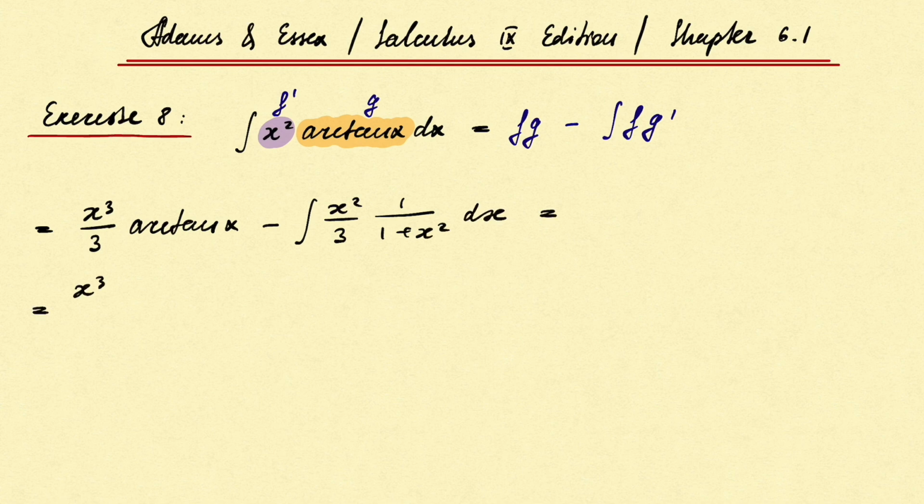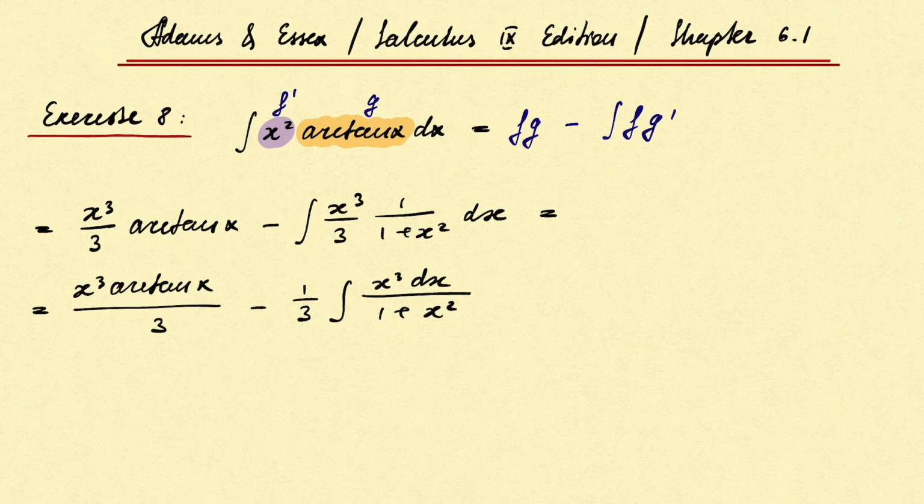Okay, we have x cubed arctangent of x over 3 minus 1/3 integral of x squared dx over, here we should write cube, right? Because we just repeated this here. Okay, so we have x cubed dx over 1 plus x squared.